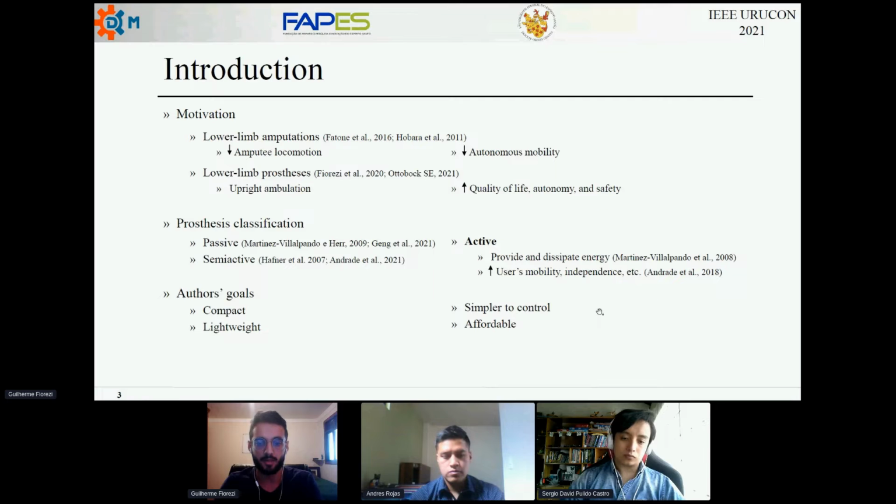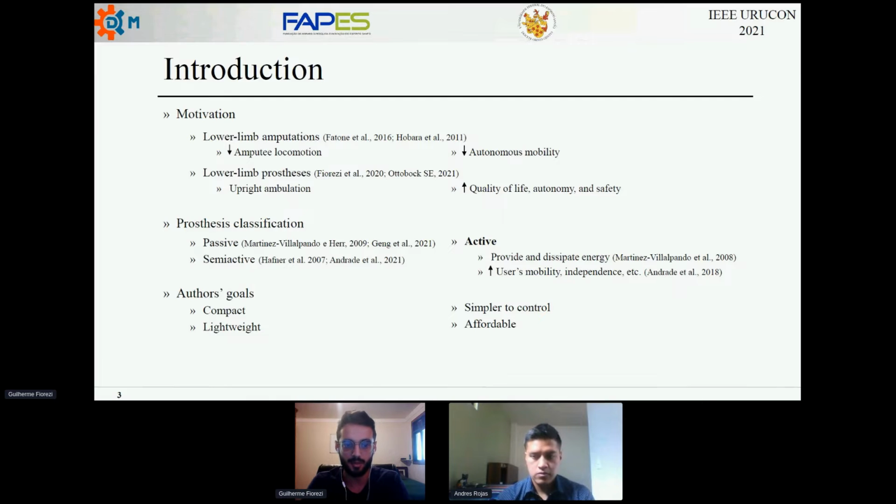But the passive cannot generate this active power, only dissipate it. And the semi-active ones only dissipate the energy, but they do it in a controlled way, which improves the quality of movement a little bit.